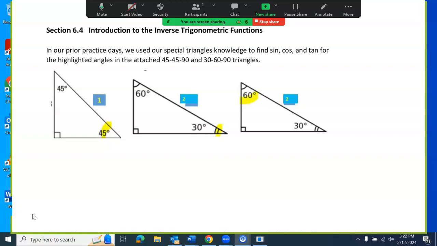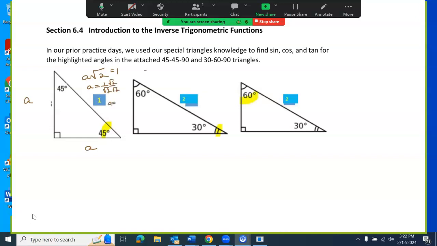So in a 45, 45, 90 triangle, I know that this is the A root 2 side, and this is the A side, and this is the A side. So if that is the case, then I want to figure out what A is. If A root 2 equals 1, then A equals 1 over root 2, and I have to rationalize that.